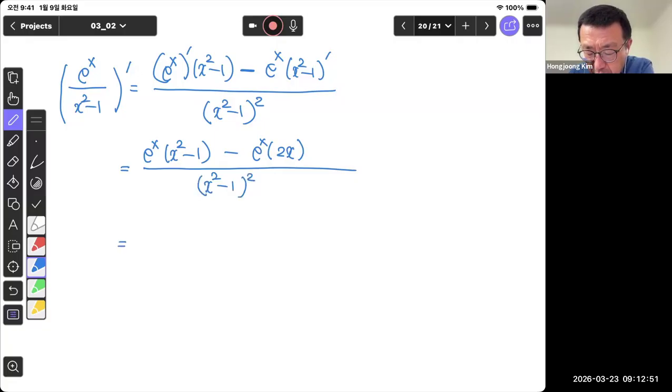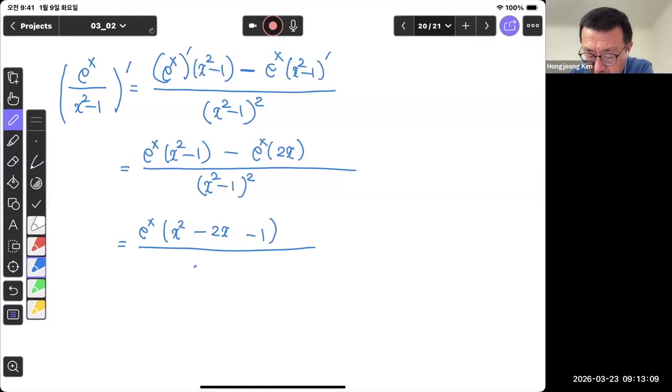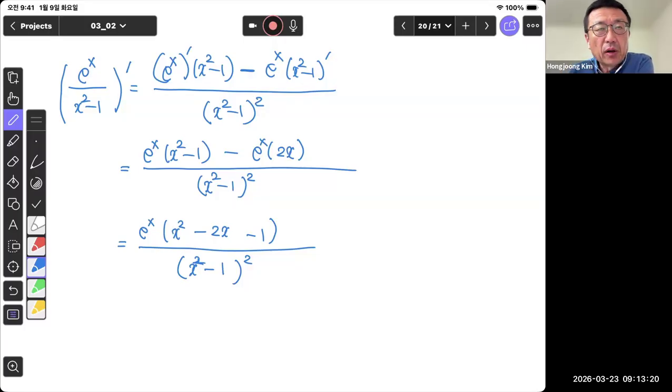So in the numerator, e to the x is common. So we have x squared minus 1 from the first term, and then from the second term, we have negative 2x, divided by x squared minus 1 squared. So that is the derivative of this quotient. Okay.